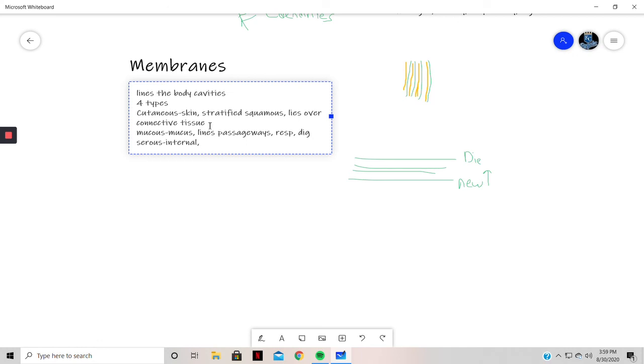We're talking simple squamous. So again, just a simple single row of squamous cells, and it lies on top of areolar tissue, and it produces serous fluid.